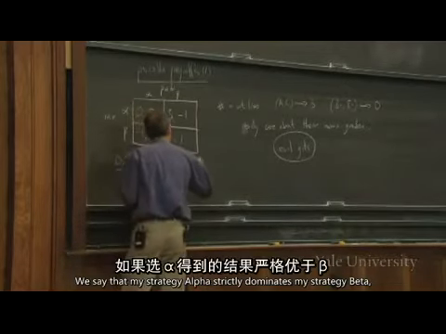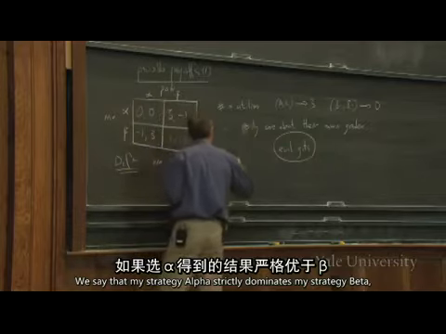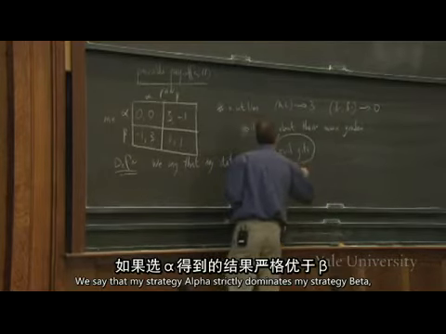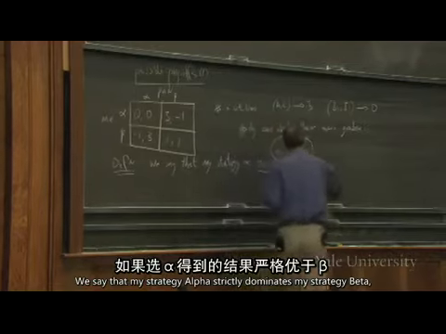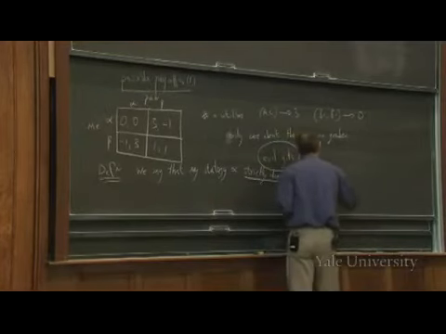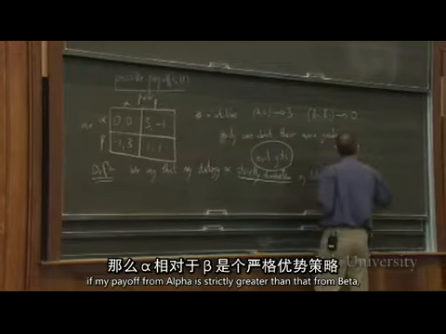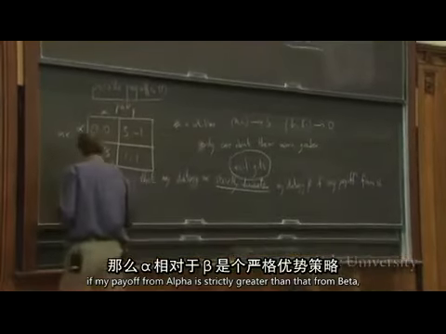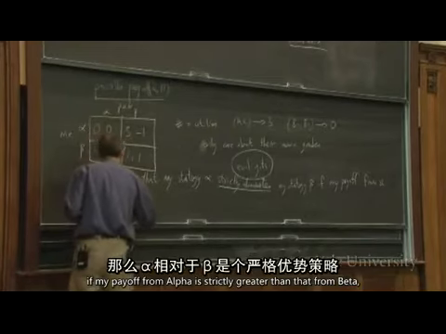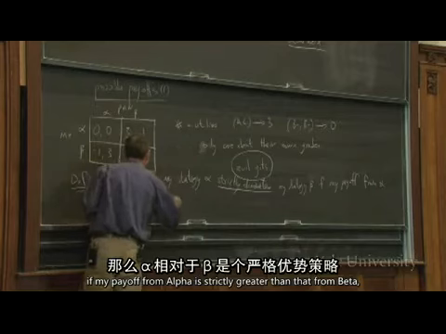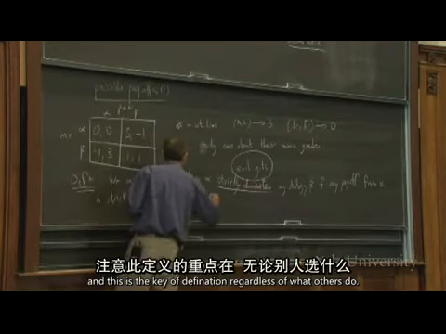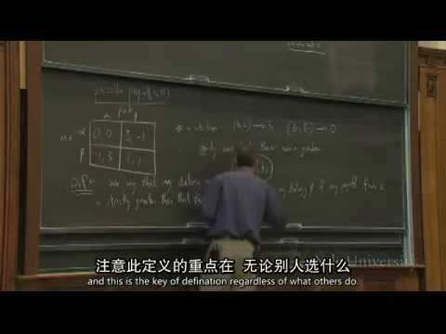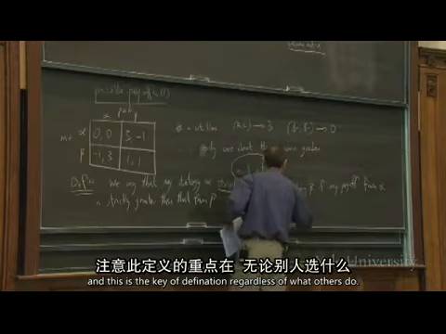We say that my strategy alpha strictly dominates my strategy beta if my payoff from alpha is strictly greater than that from beta, and this is the key part of the definition, regardless of what others do.